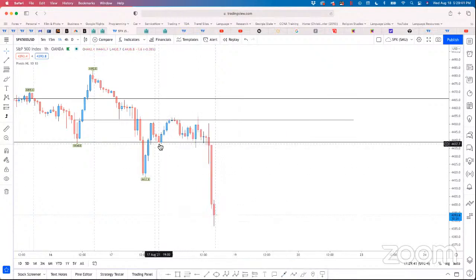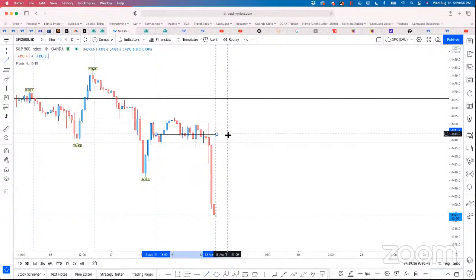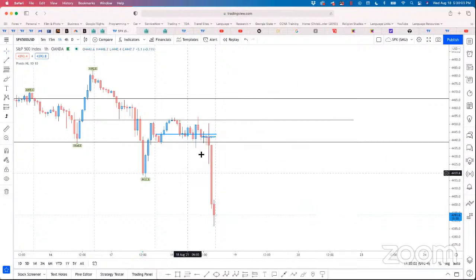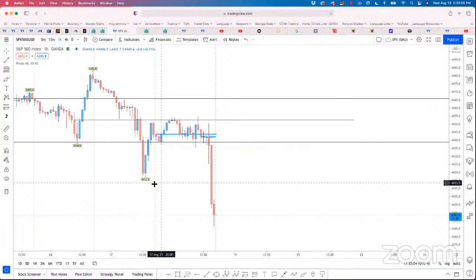And then you're gonna look for the first candle of this session. So this will be this candle. So the opening for this day is right here. Daily opening price right here.